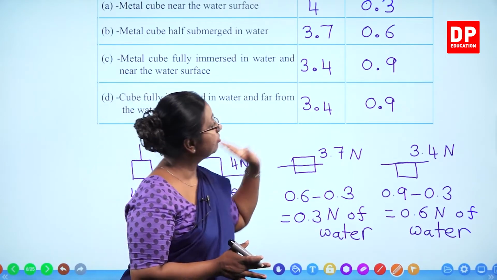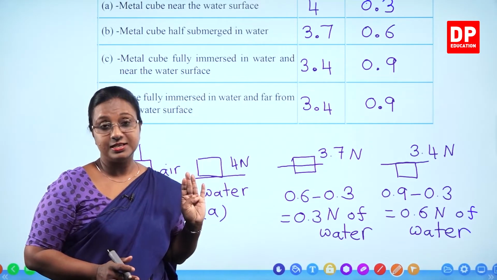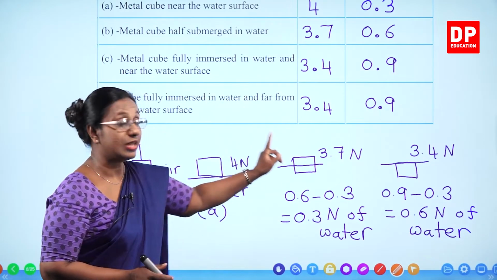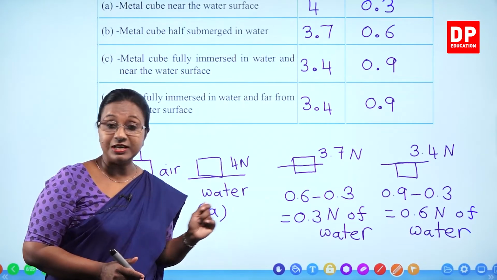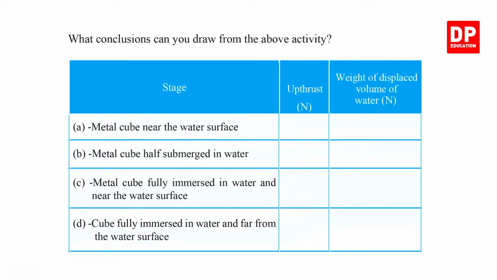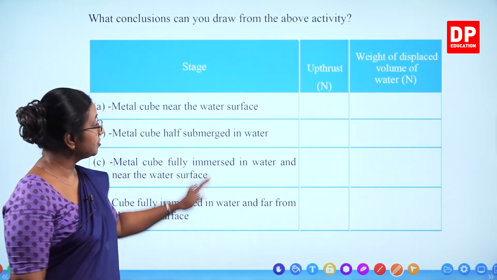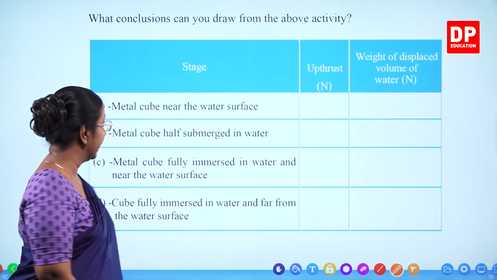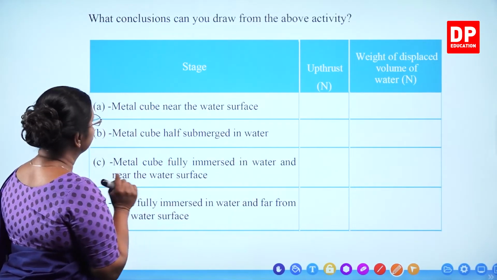So here we looked at 4 different instances. So these are the calculations. We will use these values and fill the table that is given in the next slide. So what conclusions can you draw from the above activity? To come to the conclusion, students, as I showed you all before, we need to do the calculation as well, and we need to fill this table.